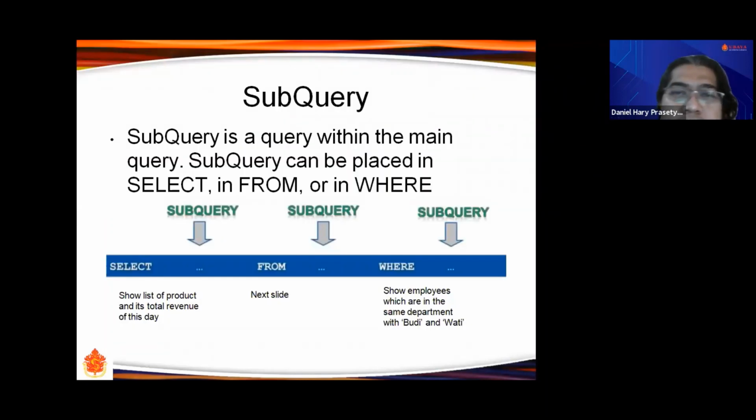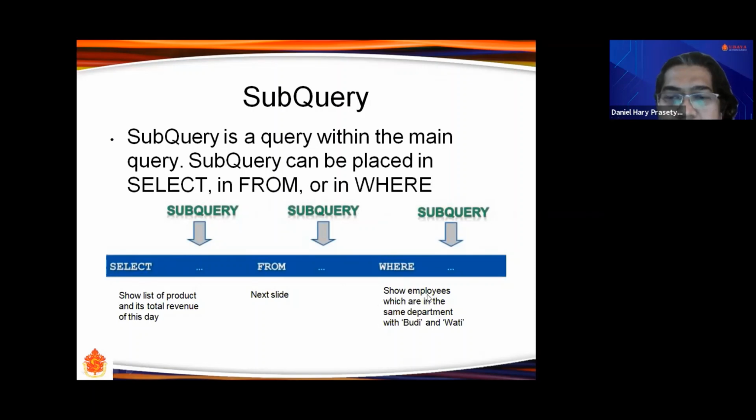Then we move to subquery. Subquery is a query within the main query. Subquery can be placed in select, in from, or in where. In where, after where there is some record that needs some condition here.